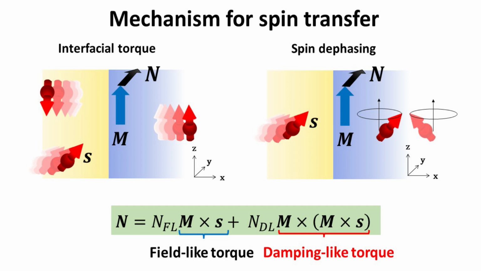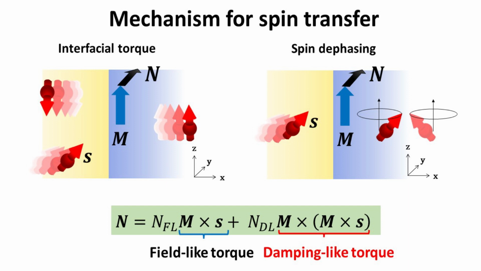It is worth noticing that the final torque is transverse to the magnetization regardless of the mechanism for spin transfer. Although illustrated by means of a simple model, this is a general feature of spin transfer torque physics. Thus, the total spin transfer torque is written in terms of two components mutually orthogonal to each other and to the magnetization M. These components are referred to as field-like and damping-like torque components.